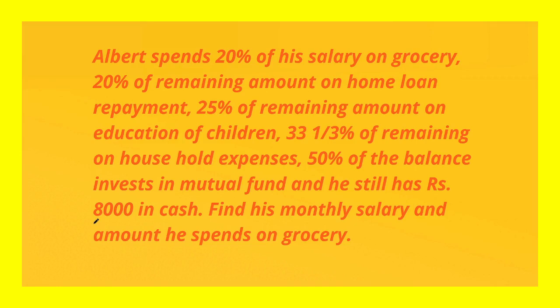Albert spends 20% of his salary on grocery, 20% of the remaining amount on home loan repayment, 25% of the remaining amount on education of children, 33 and 1/3% of the remaining on household expenses, 50% of the balance he invests in a mutual fund, and he still has rupees 8,000 in cash.